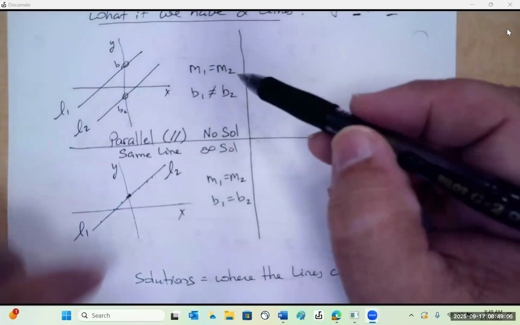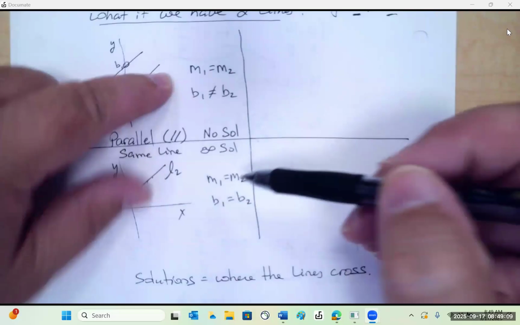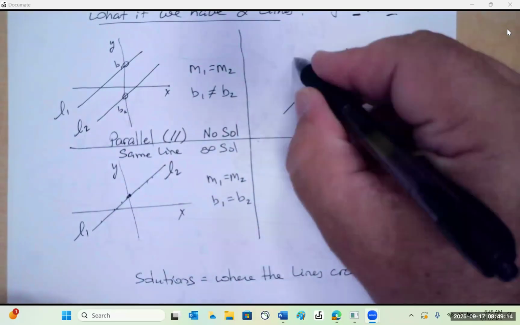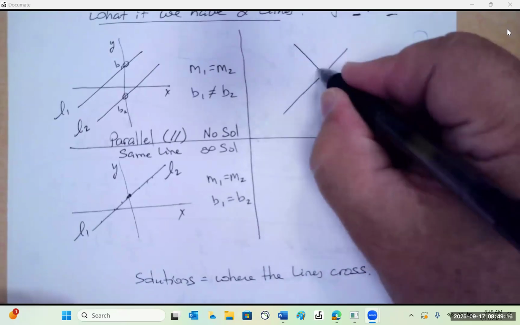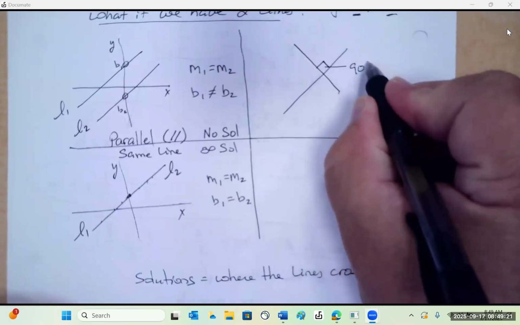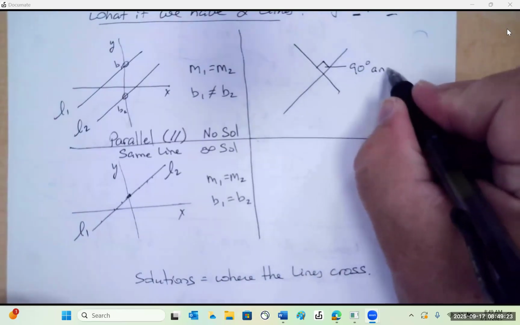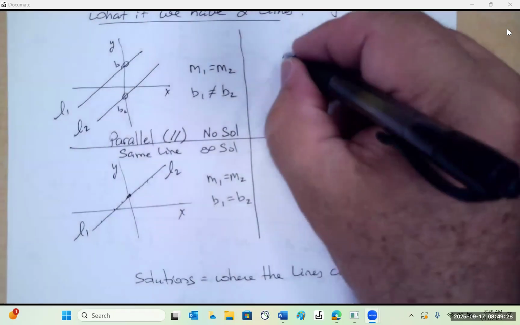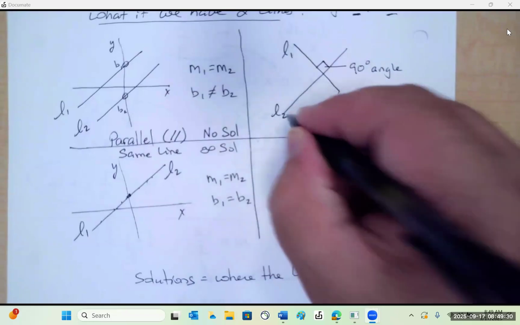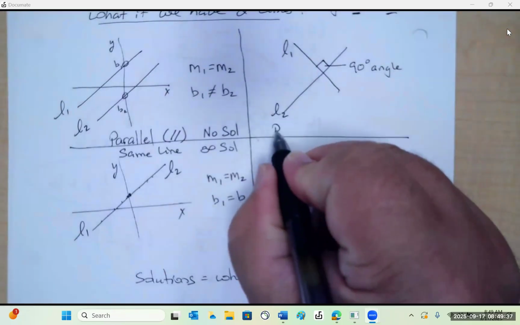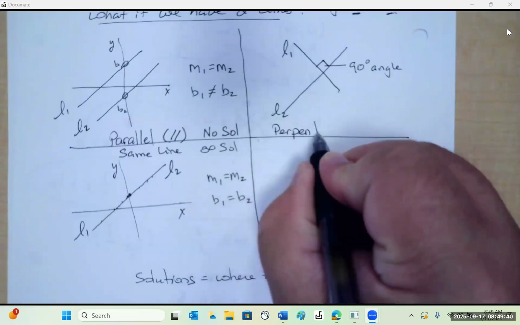Okay, now, what if they're not the same? If the two lines form a 90-degree angle, we call those perpendicular.